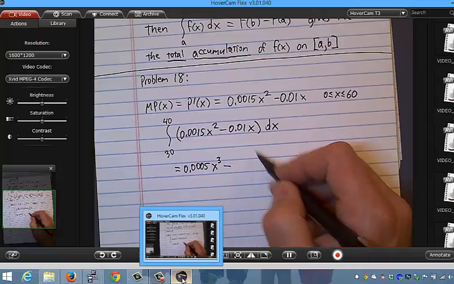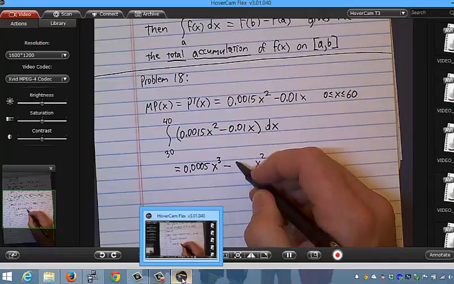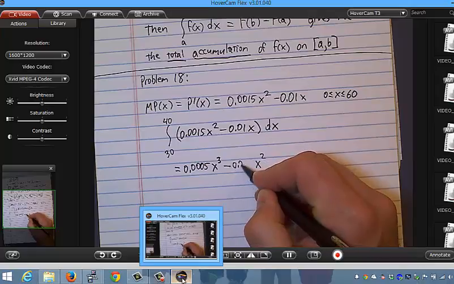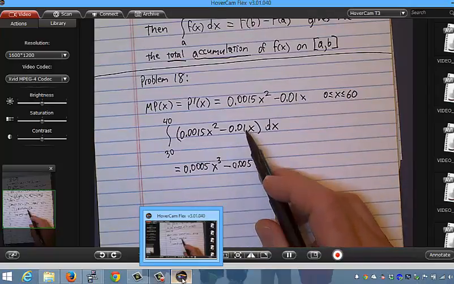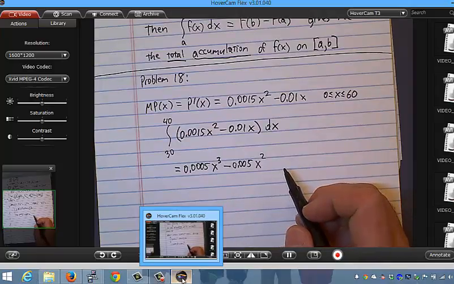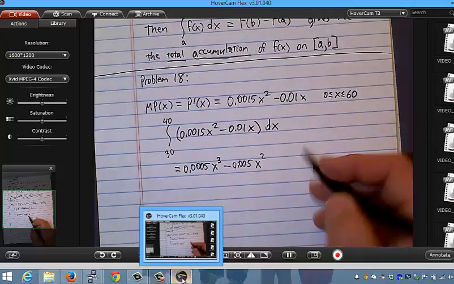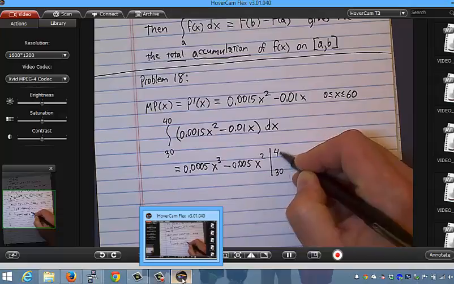Minus, this is going to become an x squared, so I need to divide by 2 up front. So instead of 0.01, are you guys okay with me writing 0.005, right? Because 5 times 2 is 10, there'd be a 0 there. Is this okay? So I just did the antiderivative, and over here I draw my line, and I have 30 and 40.